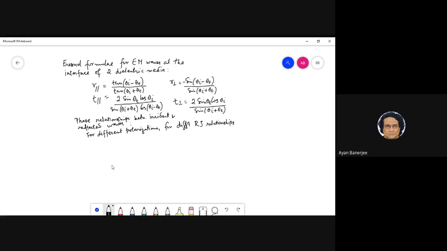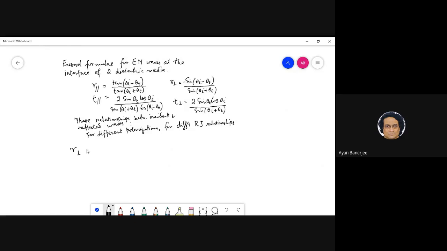Okay, so let us try to plot. From here, what is the very clear takeaway for R perpendicular? R perpendicular is very clear, right? Whatever you have, that is s polarized. So R perpendicular, what does it tell you?